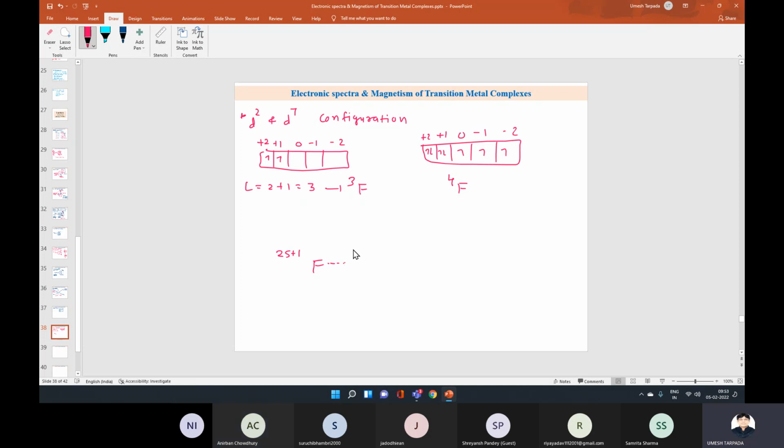हाउ मेनी डिफरेंट? A2. Yes, it is splitted to A2, T1 and T2. ग्राउंड टर्म T है, तो ग्राउंड टर्म T है इसके लिए, तो T1g first, then T2g, then A2g.